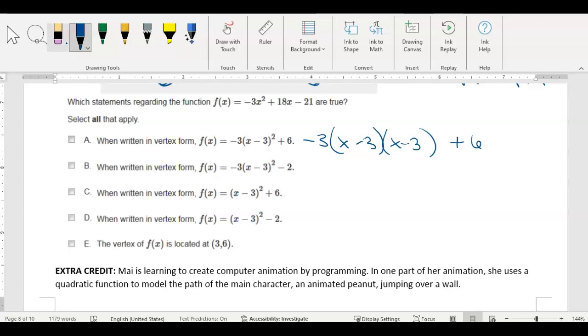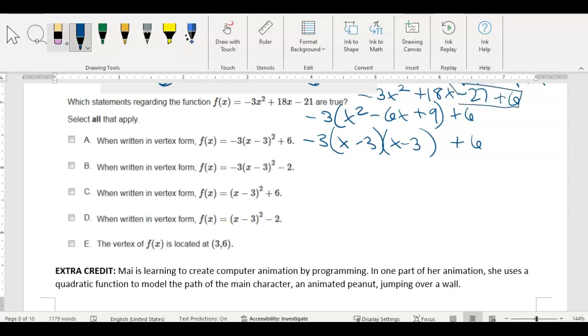Again, I'm going to do my FOIL first. So -3 times x squared minus 6x plus 9 plus 6. Now I'm going to distribute my -3, so -3x squared plus 18x minus 27 plus 6. And so I would get -3x squared plus 18x minus 21, right? Because -27 plus 6 is minus 21.